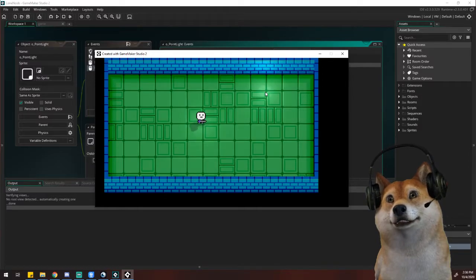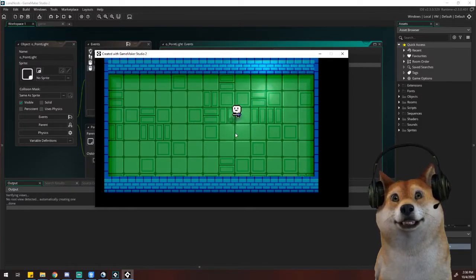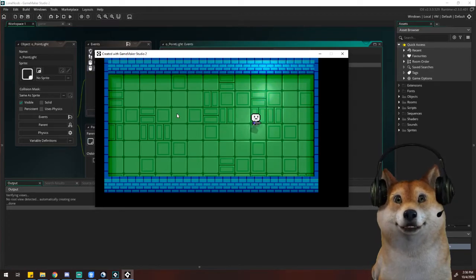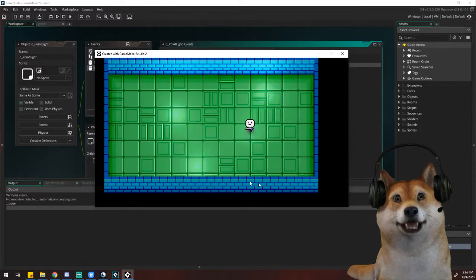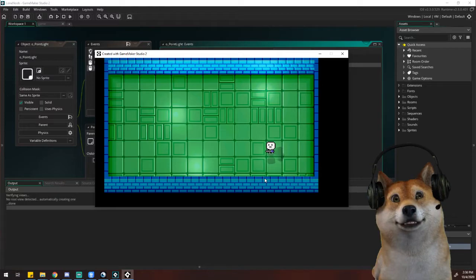Here's a light source. I have one shadow with one light source, and if I have another light source, another shadow appears. But as I get closer to one of the light sources, it starts to fade out.